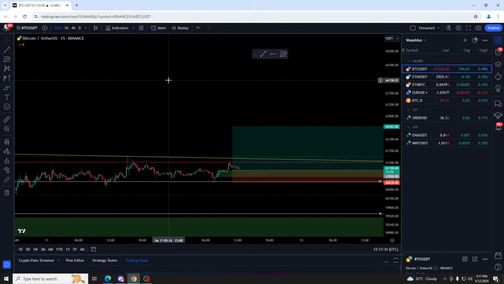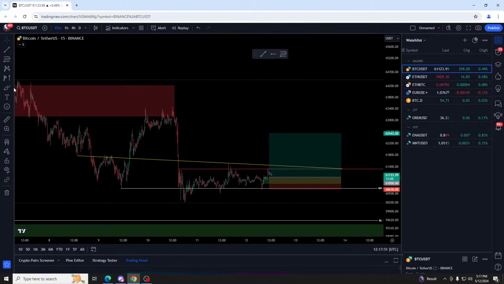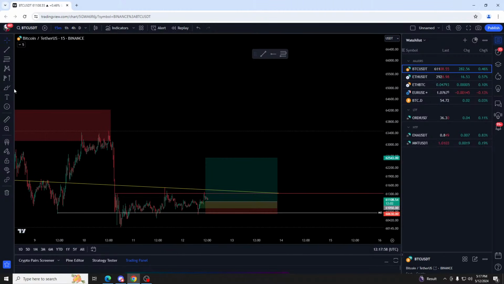For the 4-hour close and the funding reset, the funding reset is every 8 hours, so it's a combination of two 4-hour candles. So the one prior and the one after every funding reset is for leverage traders. It's an important place because the funding has to be distributed and people have to close their positions. So if the funding is negative, then the ones getting paid are the longs.